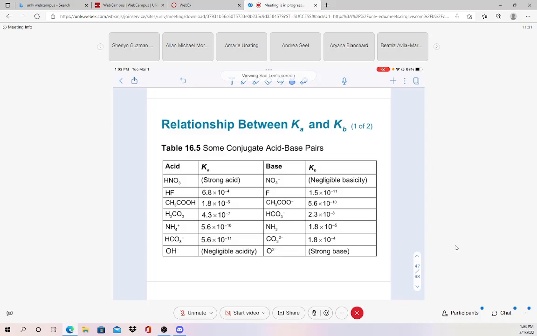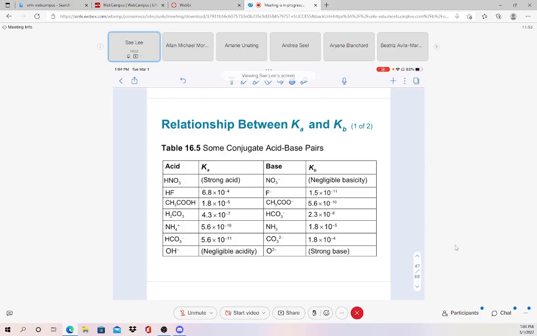Okay, so I am going to start today's lecture. Last week we learned about Ka and Kb.